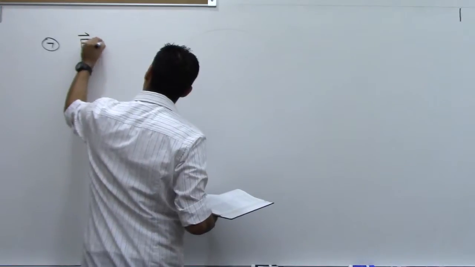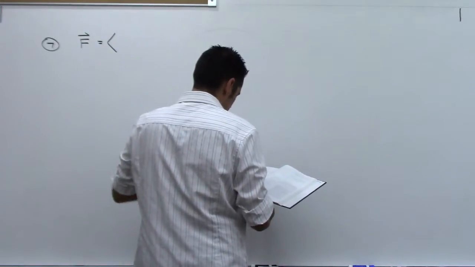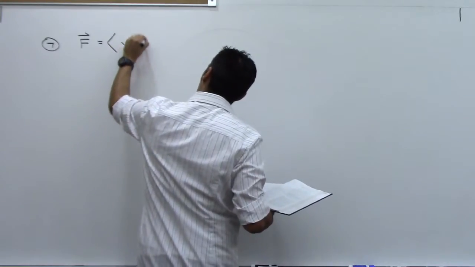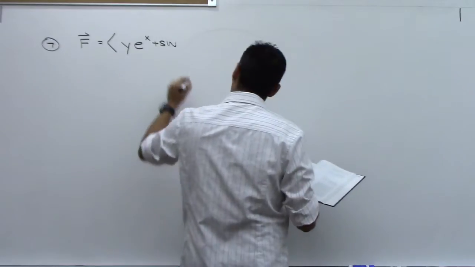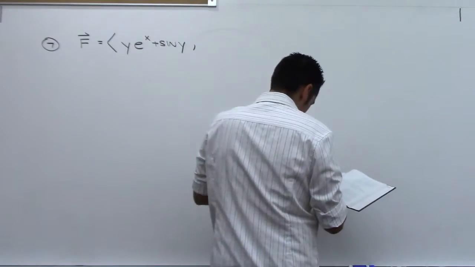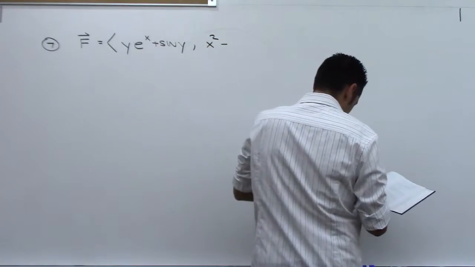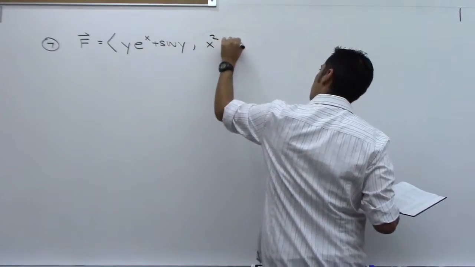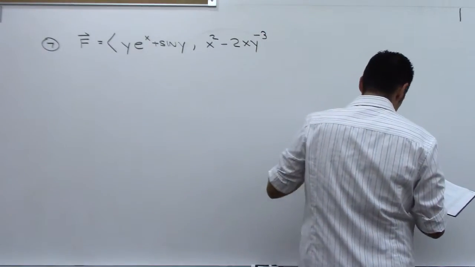It's two-dimensional. y e to the x plus sine y, and then x squared minus 2x y to the negative 3, and that's it.